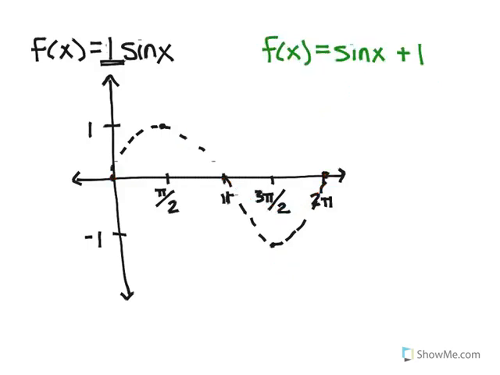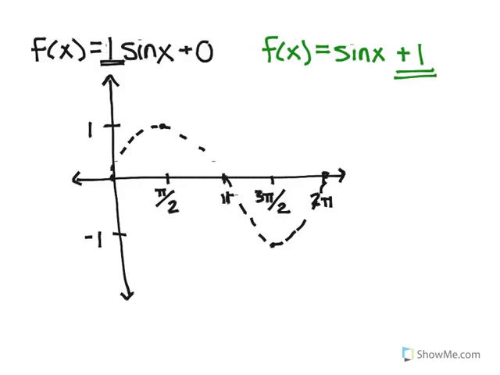The next graph that we're going to look at is going to have a different transformation. This time we have this +1 out at the end. Notice that there are no sets of parentheses here. It needs to be a number that is added or subtracted completely on its own, outside of parentheses, outside of the function. If you look back at the parent function, we also have that vertical shift being represented.